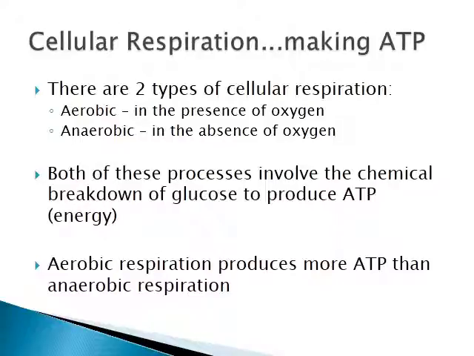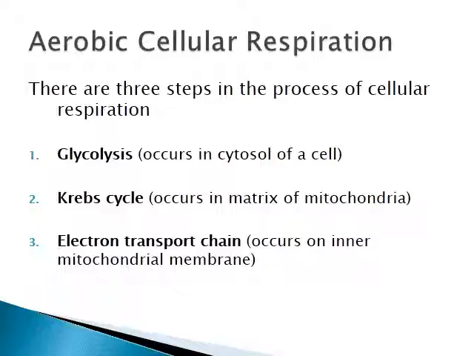It's just that aerobic respiration has more stages but produces a higher yield of ATP, being 36 or 38 per molecule of glucose, whereas anaerobic respiration is a simpler and quicker process, but it only has a yield of 2 ATP per 1 molecule of glucose. So we'll have a look at both of them.